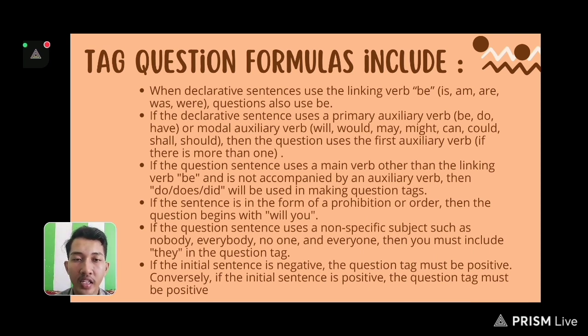If the initial sentence is negative, the question tag must be positive. Conversely, if the initial sentence is positive, then the question tag must be negative. Same as that simple formula. Okay, next.